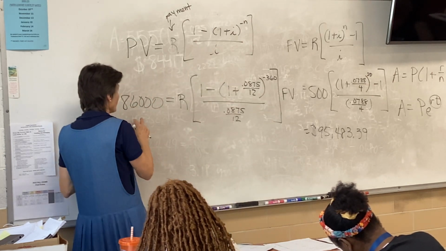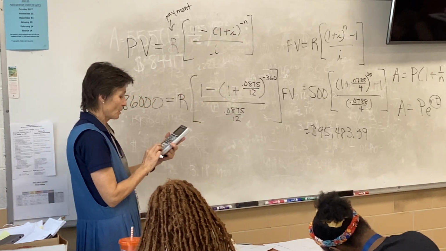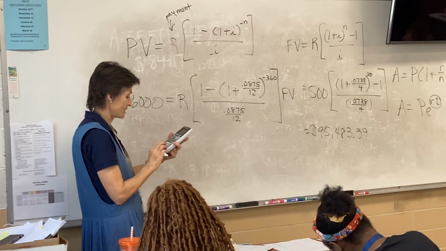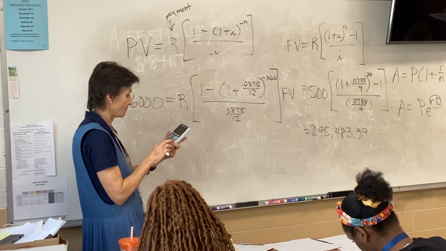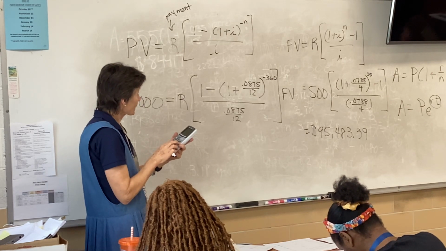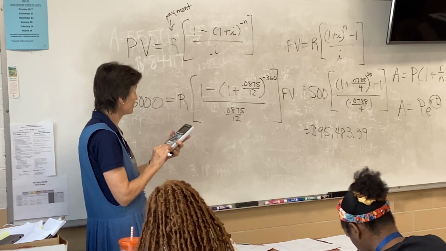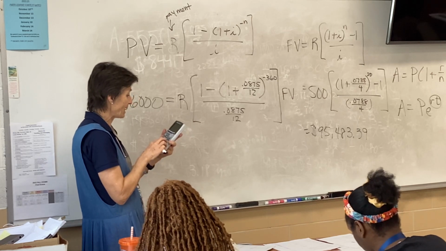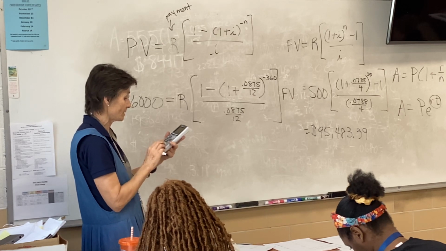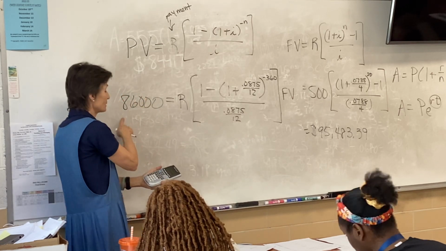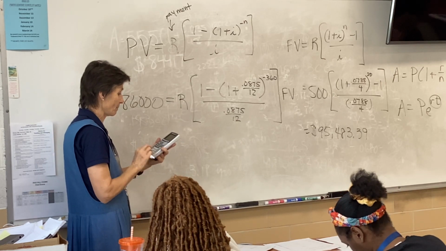This is another one where to get our answer, we're gonna have to do a division. But first I'm gonna figure out what that is. 1 minus parentheses, 1 plus 0.0875 divided by 12, close parentheses, raised to the negative 360th, equals, divided by parentheses, 0.0875 divided by 12, equals, and then 86,000 divided by that number.